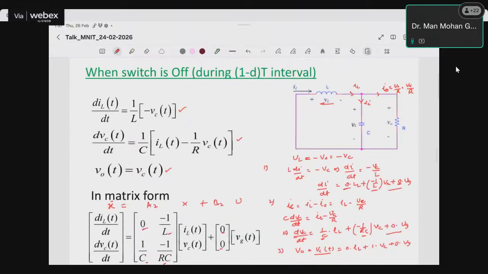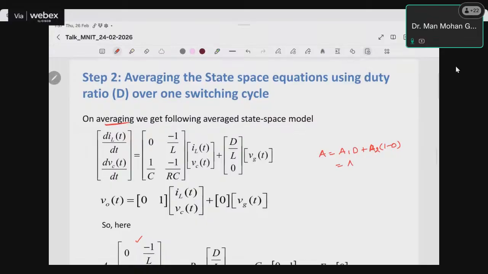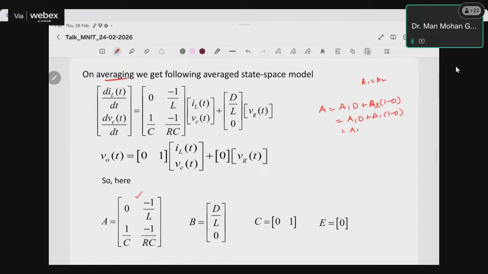A1 and A2 both are same. So I can write A1 only, A1 equal to A2. So A1 D plus A1 (1 minus D). So A equals A1. So this is your A matrix.